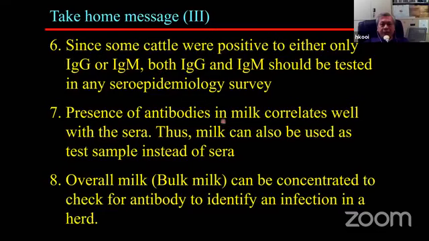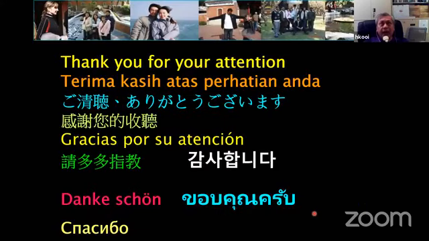And the presence of antibodies in milk correlates well with sera, so you can just use milk instead of sera. There's no need to take blood. Overall, milk can be concentrated to identify an infection in the herd. This is herd medicine. I just want to finish with a thank you, but I think we still have 10 minutes, so I'll give one more example.